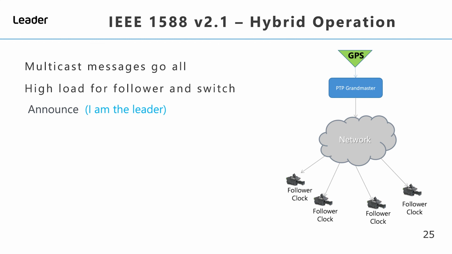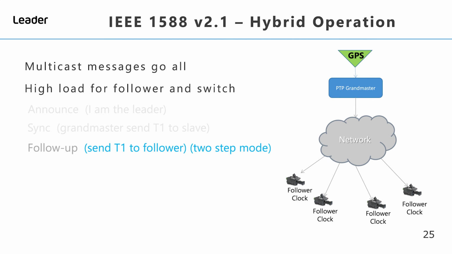The announce message is multicast to all follower clocks. A sync message is multicast to all follower clocks, sending the T1 timestamp. Followers now have both T1 and T2 timestamps. A follow-up message is sent only if you're using two-step mode. The follow-up message is used to send the correct time of the sync message.